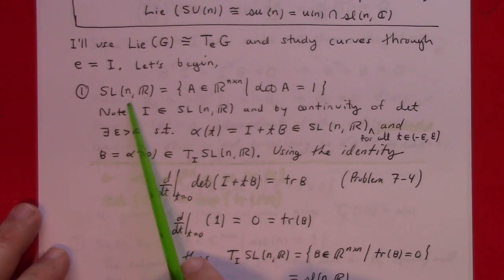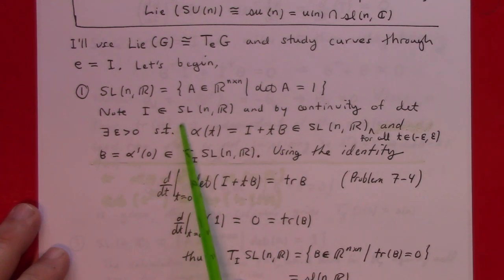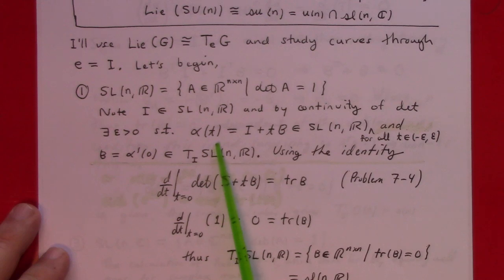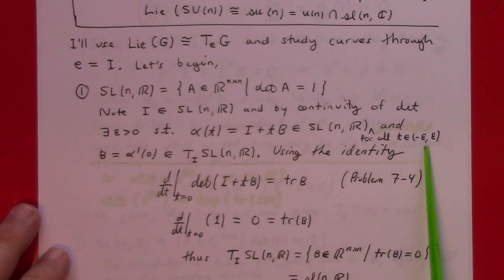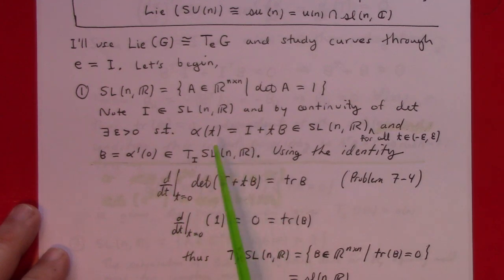So here's SLN. Since I is in SLN, by continuity of determinant, there exists some epsilon such that alpha of t, I plus tB, is in SLN(R) for all t in the plus or minus epsilon set. And since B is the derivative of alpha at 0, it must be in the tangent space at the identity to SLN(R). But then we can use problem 7.4, which tells us the derivative of the determinant of this is the trace of B, but this is given to be 1.